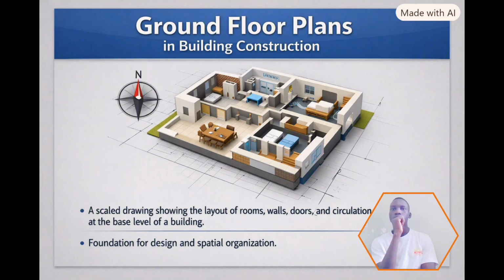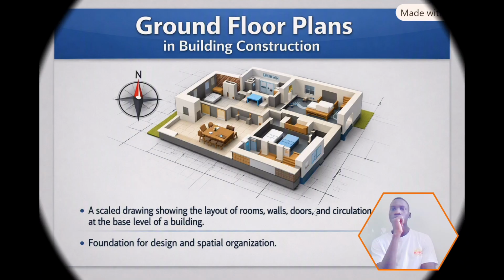Moving on to the next, we are going to be looking at the key elements of ground floor plans. These are elements that a floor plan should possess, or that must be present.